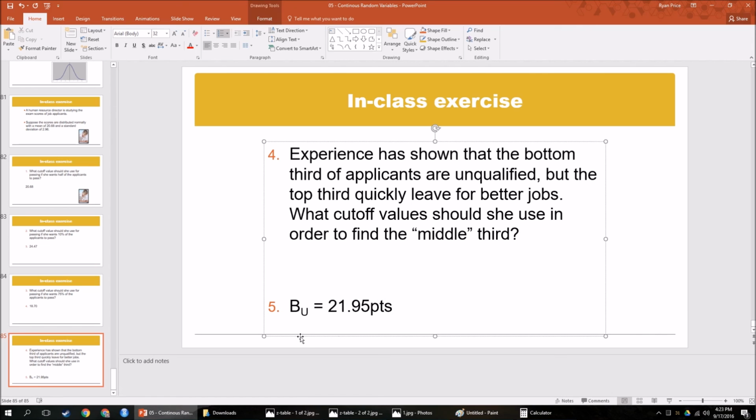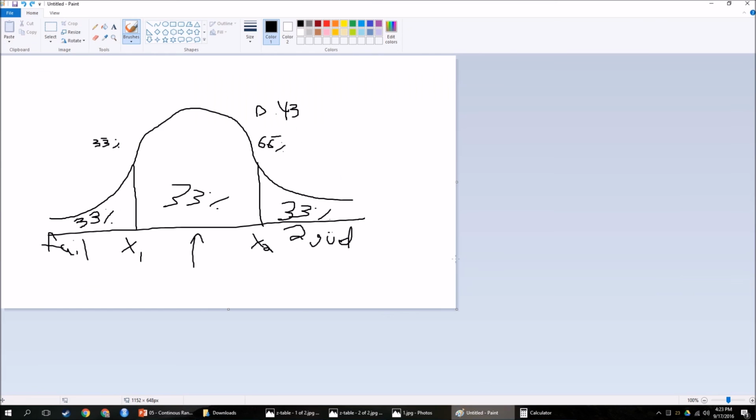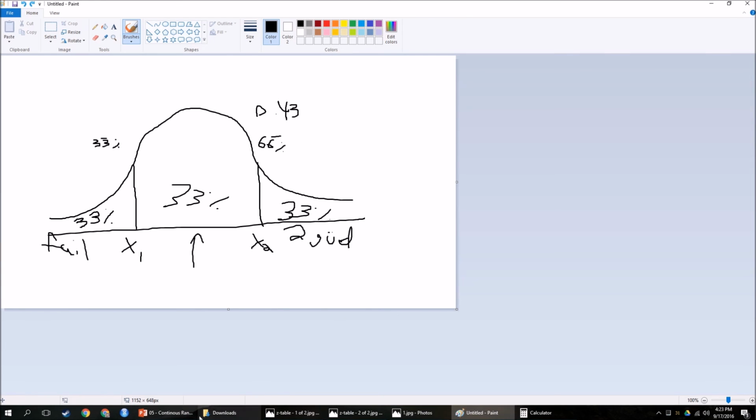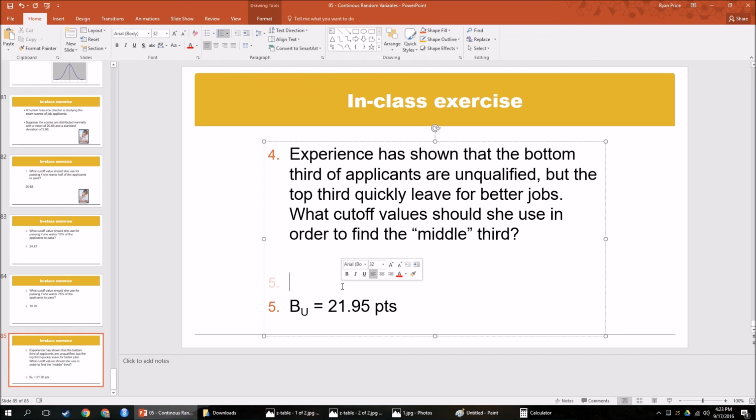I should have put points on all of these. Okay? That's the upper bound. That is the z value, the upper bound of this area that satisfies cutting off everyone except the top third, or including everyone except that top third that'll leave us for some other job. All right? So that's the z value of 0.43, destandardized using this formula, gets us to 21.95 points for our upper bounds. Okay, what about the lower bounds?